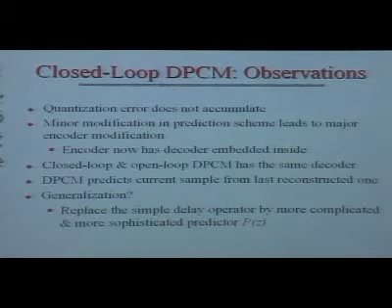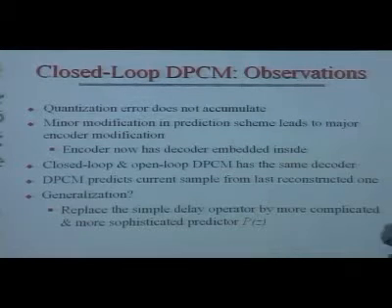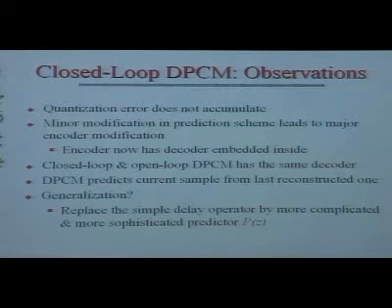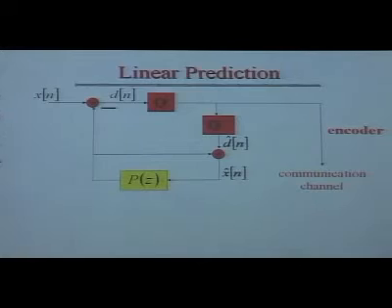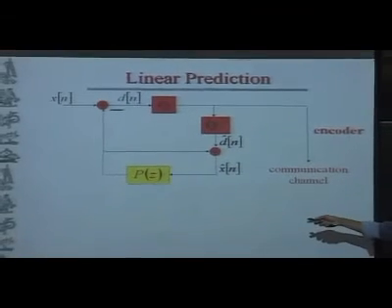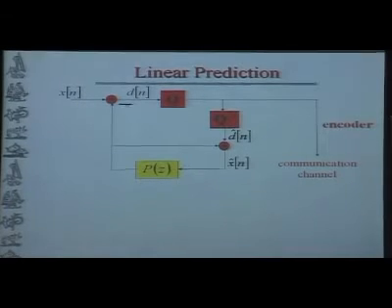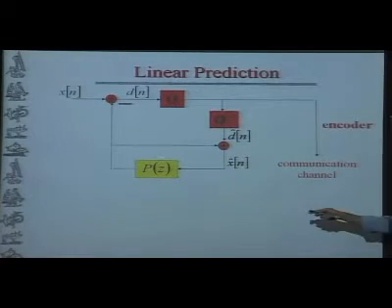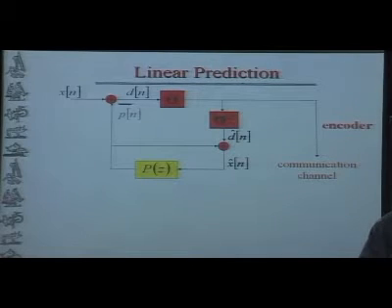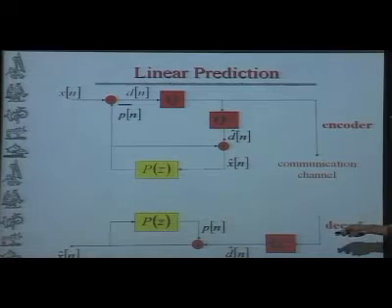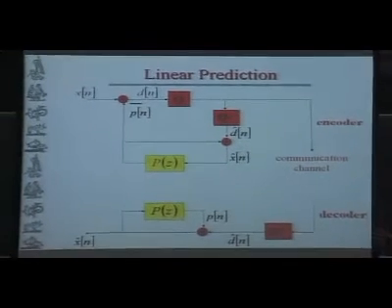The delay is a trivial filter. Delta of n is a very boring filter. It doesn't really give you very good performance. So usually you do a lot better, and we will do this upgrade. We upgrade this delay operator by some kind of prediction operator P. Typically this P is an FIR filter. And as you can see, if I put P here and P here, everything works exactly the same way.